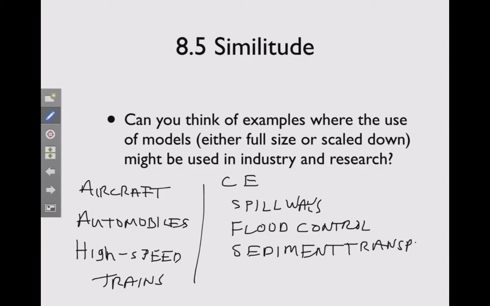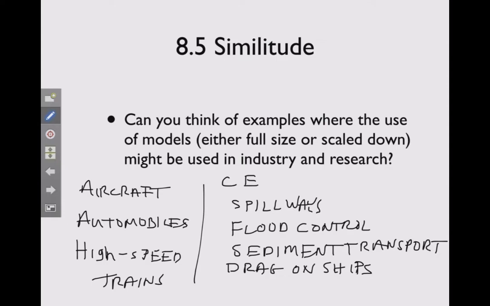And so this is something that we can do in civil engineering, and also drag on ships. We have shipyards over in Bremerton, Washington, that construct ships, but they have these big areas for doing testing and construction mainly, and maintenance.